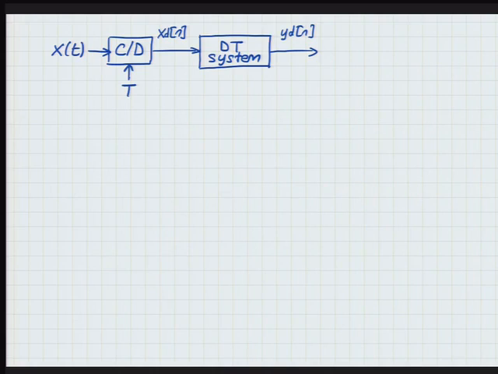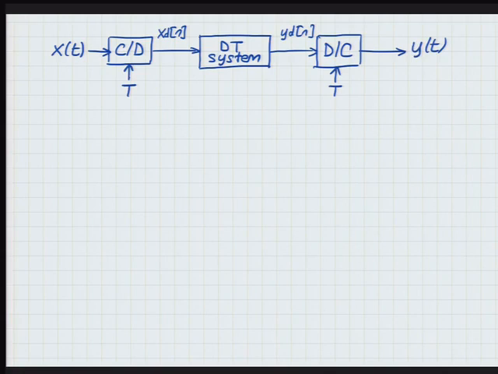I can manipulate the opening of the throttle to adjust the thrust. And that's a continuous time signal, right? So that needs to go back to a continuous time signal. So there's going to be a D to C, discrete to continuous conversion, and preferably with the same sampling frequency. And the result of that will be y(t).